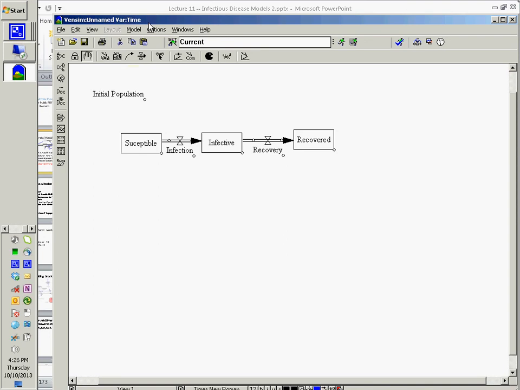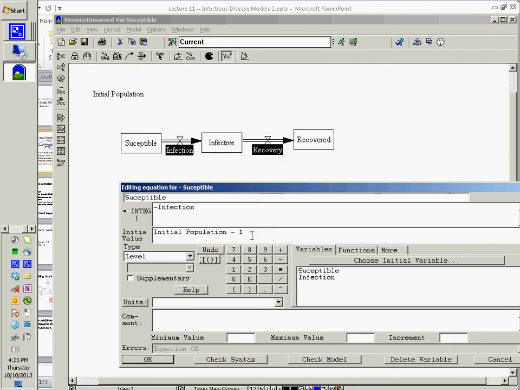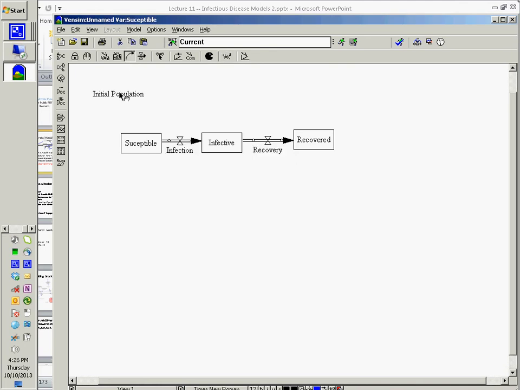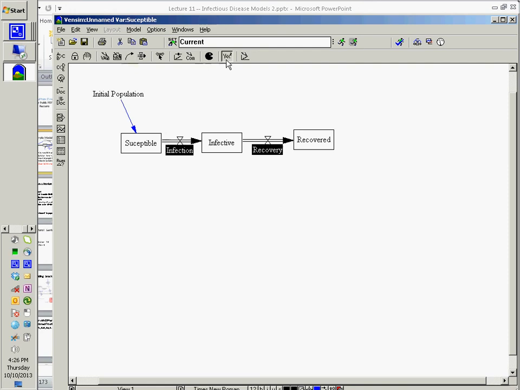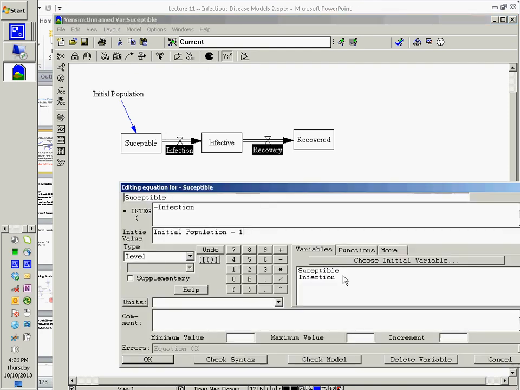The formula for susceptible is this guy here, and I think what's going on probably is that when you draw it, it's going to, yeah, sure. By the way, it told me there was an arrow there. Well, okay, I would have expected it would allow me to choose it here.